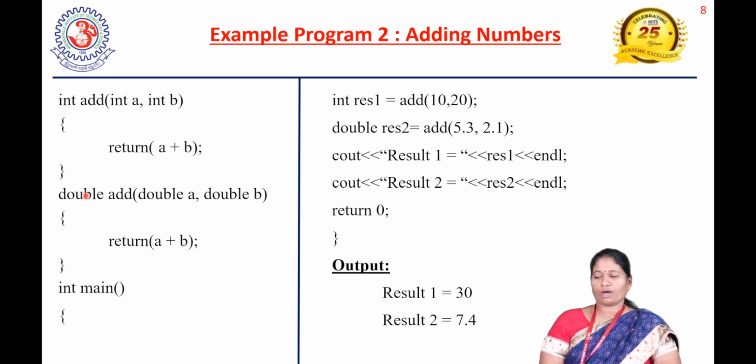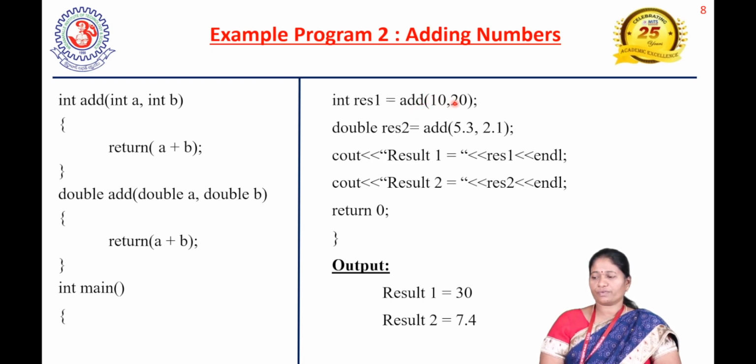So how are we going to invoke this function in main? In main, I am using one variable of type integer, with the variable name result1. I told you this function returns the value we added, so we need to use this kind of procedure. The variable is on the left side, and on the right side we mention the function name along with the arguments.